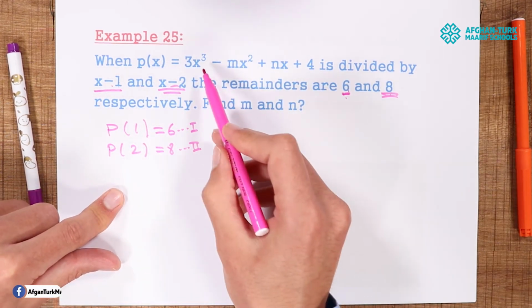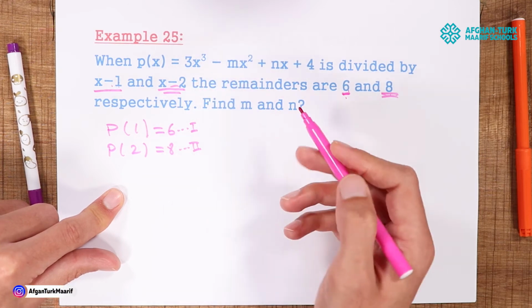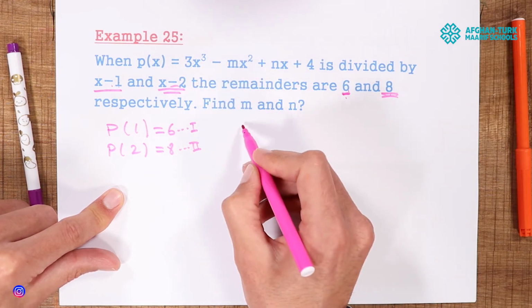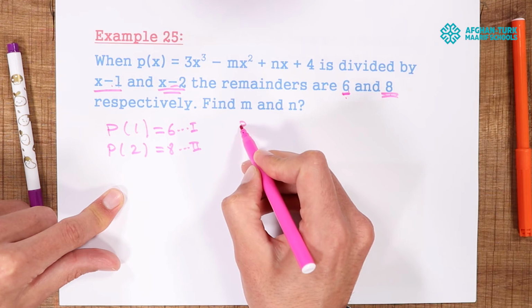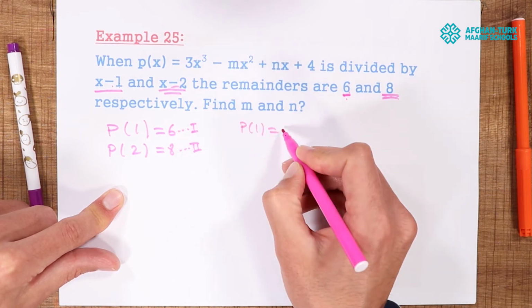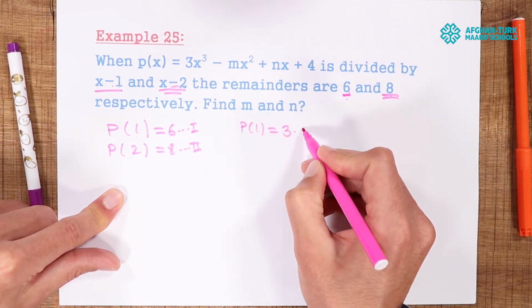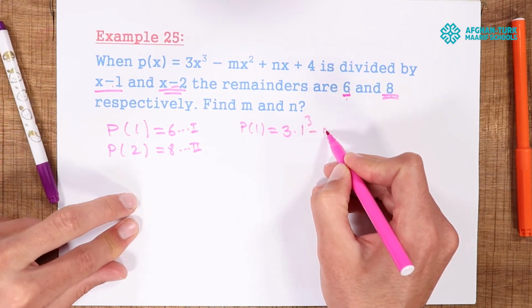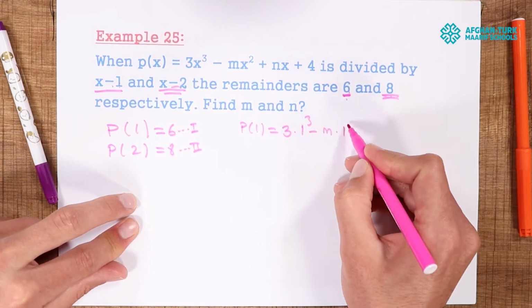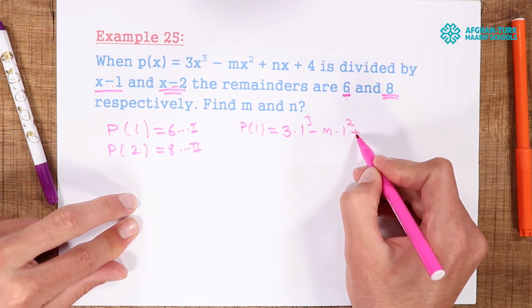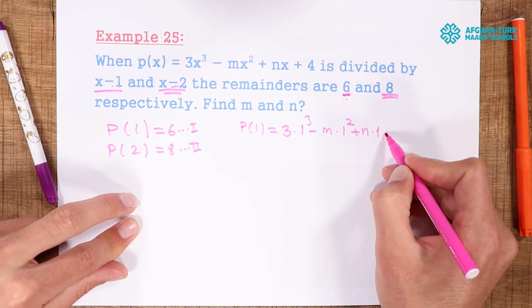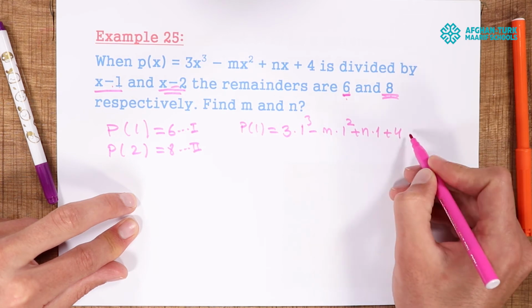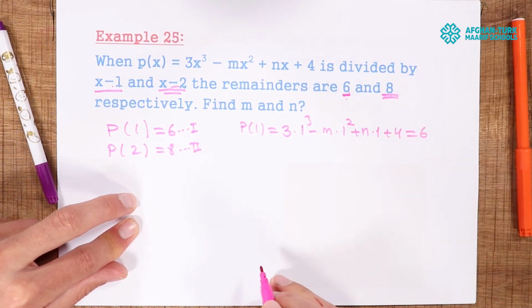So for p of 1, just place 1 instead of x: p of 1 is going to be 3 times 1 to the power of 3 minus m times 1 squared plus n times 1 plus 4, and this is equal to 6.